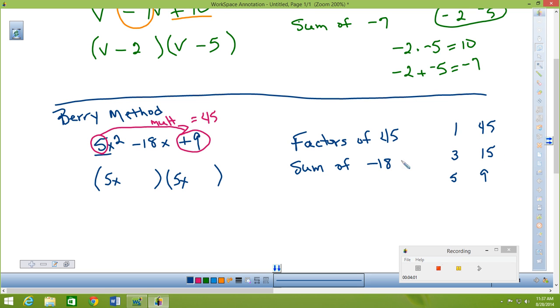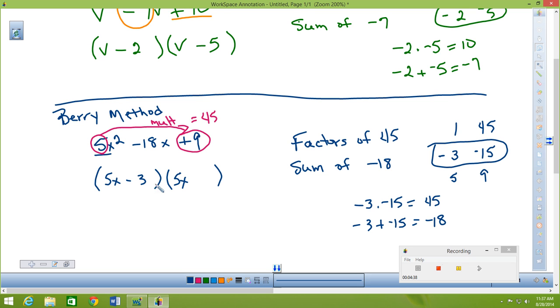Now remember, I need it to be -18. So let's try -3 and -15. -3 times -15 gives me the +45 I'm looking for. -3 plus -15 gives me -18. So there's my pair right there. I'm going to go ahead and put in -3 and -15.